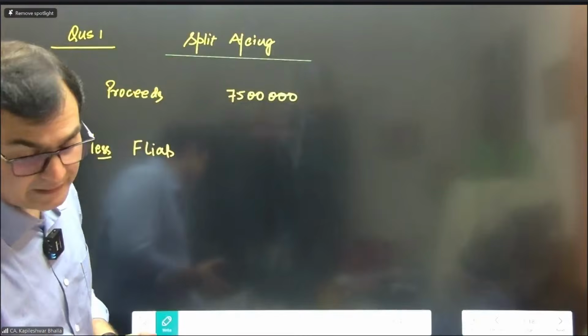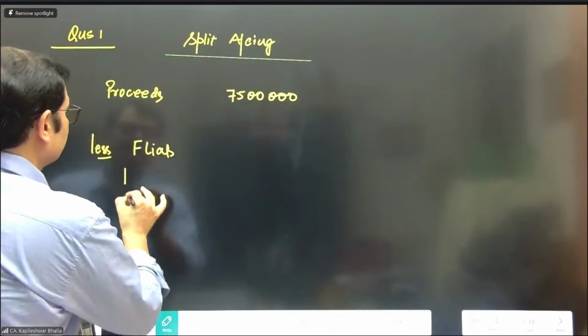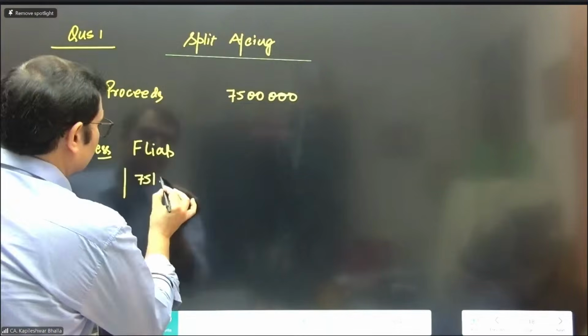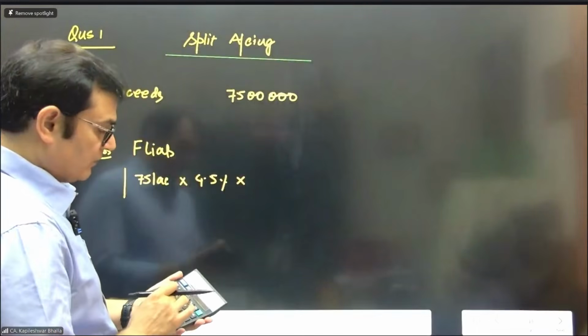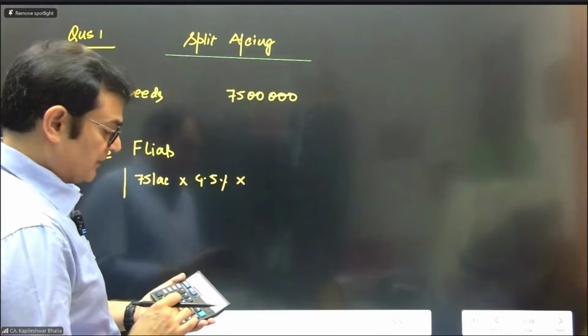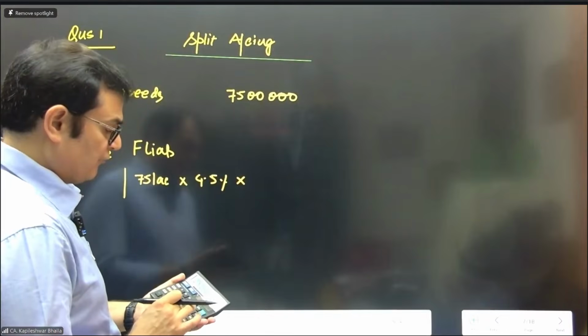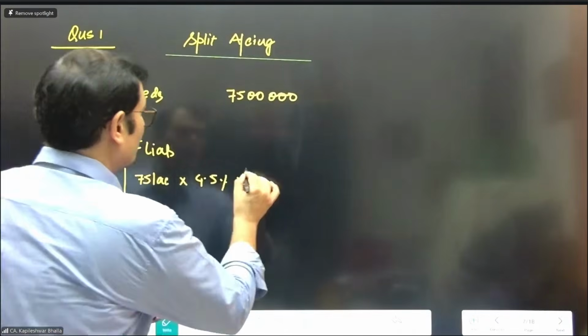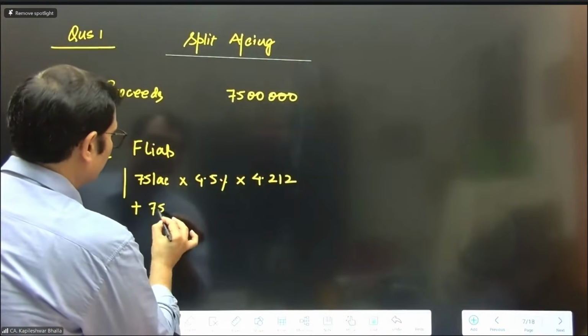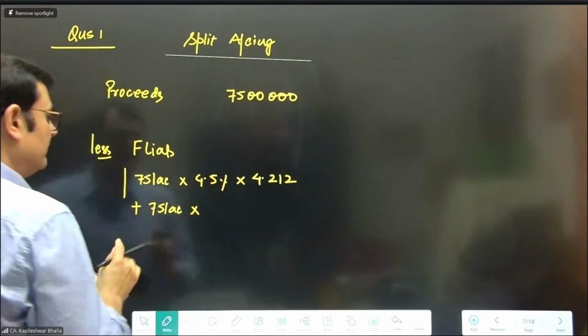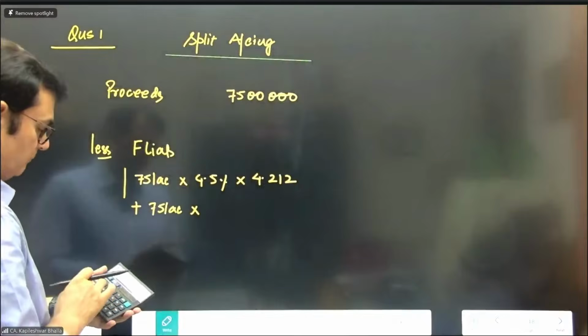So we are going to pay interest on 75 lakhs and a 5 years factor. 1 divided by 1.06, 1, 2, 3, 4, 5. I think it comes to 4.212. Then the principal redemption would be at the end of the fifth year.